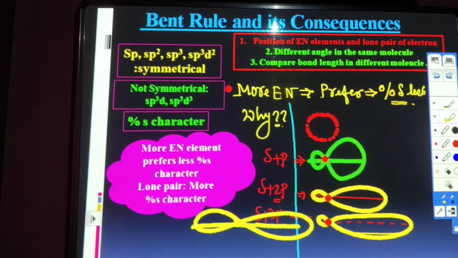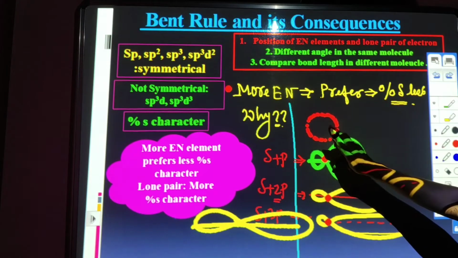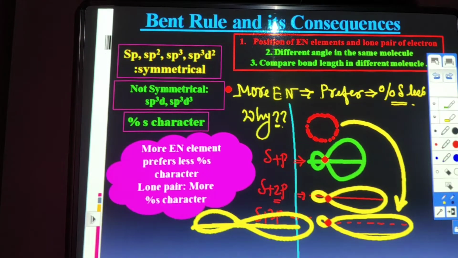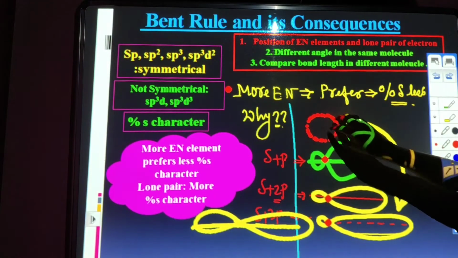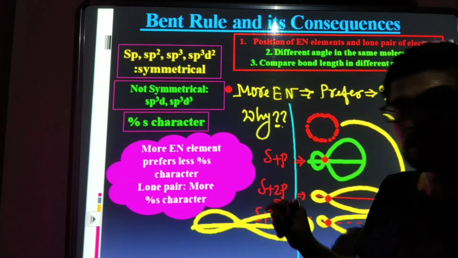Okay. Now let me show you one thing: as you move from s to sp3, can I say that the hybridized orbitals get longer and thinner.